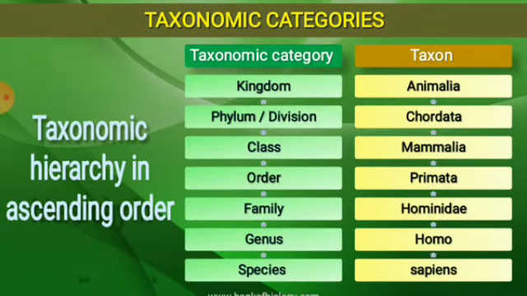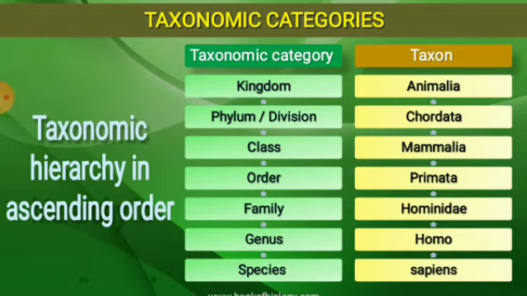Here, one example of a human being is placed. We know that the scientific name of human being is Homo sapiens, where the genus or generic name is Homo and the species name is sapiens. So the species name, sapiens, is placed at the bottom, and above it the generic name is there, that is Homo.